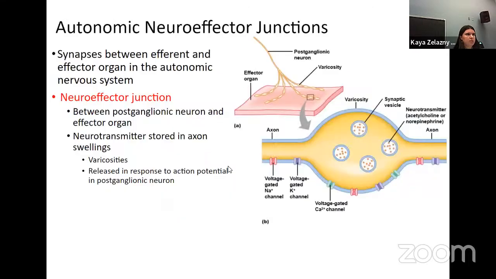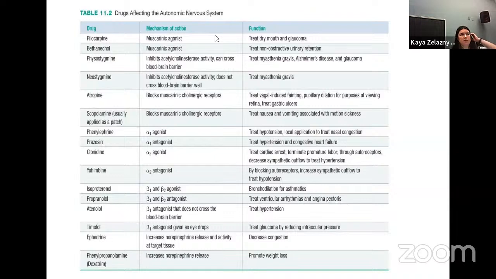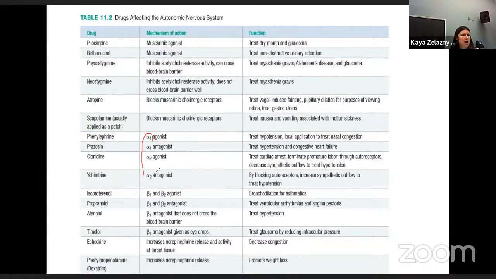Those are just some examples of drugs that affect different types of receptors and different parts of the autonomic nervous system. We don't have to go through them, but you'll notice that a lot of these are affecting our adrenergic receptors, right? So we see these receptor names all over the place.